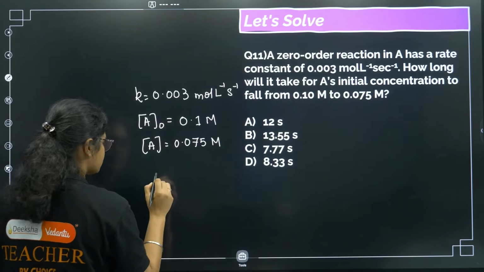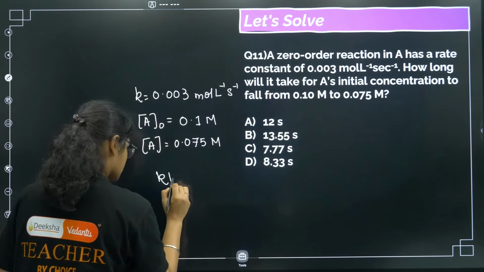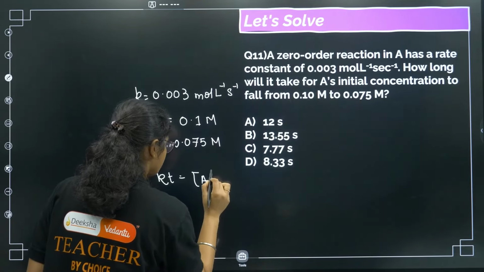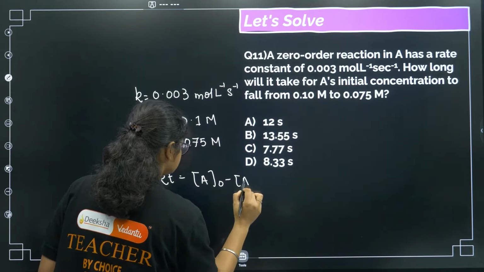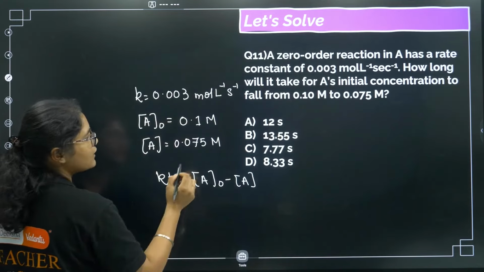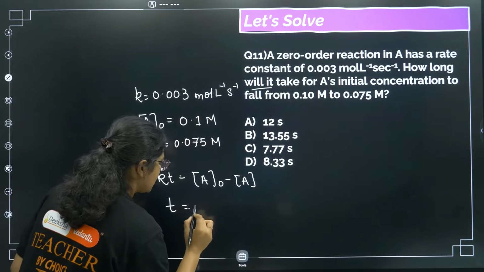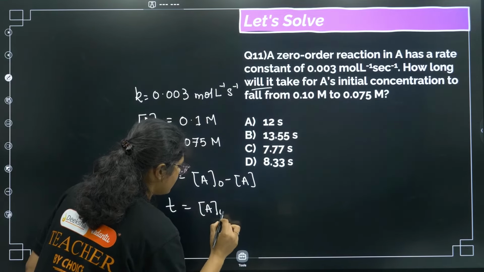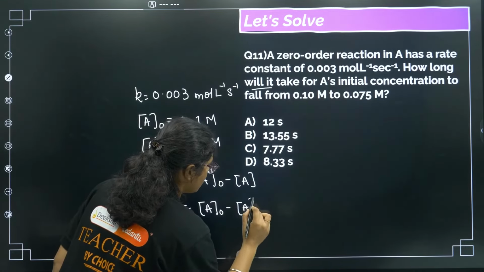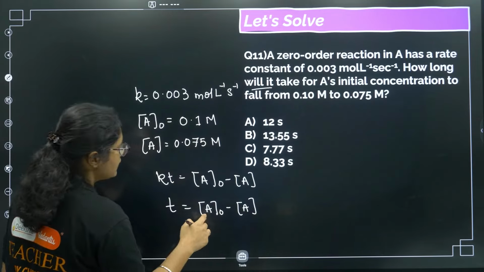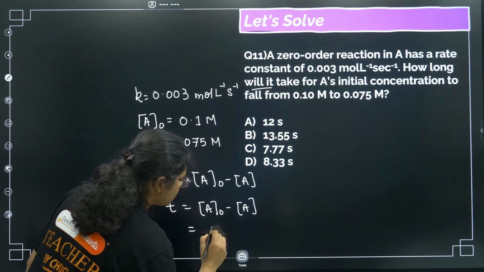So now I have this equation, KT is equal to A naught minus A. Okay, I want to calculate how long it will take, means I want to calculate time. So time will be equal to A naught minus A by K. A naught value is 0.1.